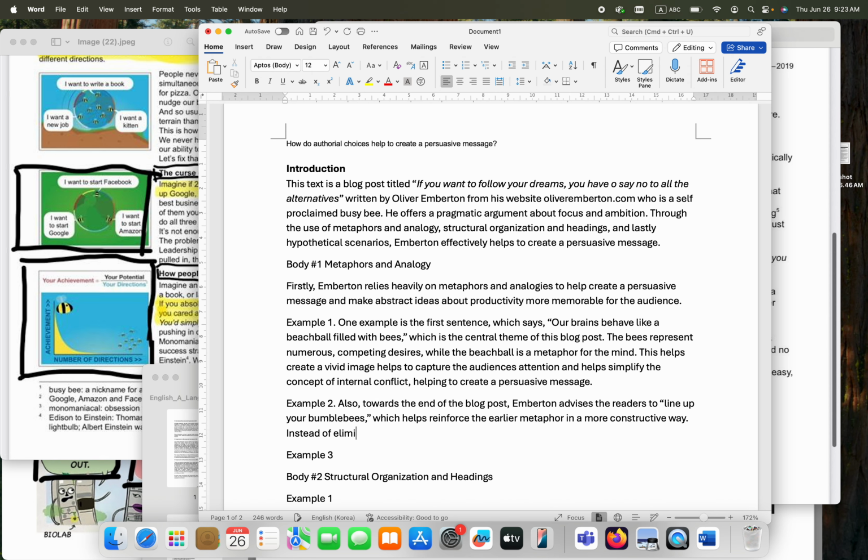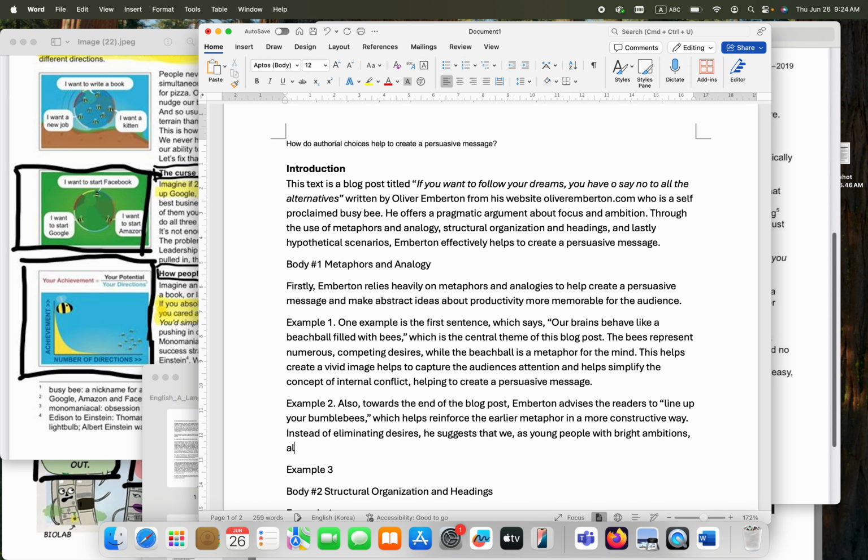Instead of eliminating desires, he suggests that we, as young people, you want to just mention the audience as young people with bright ambitions, align them towards a unified direction.